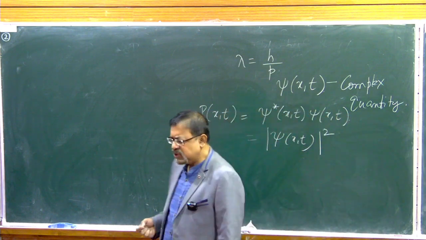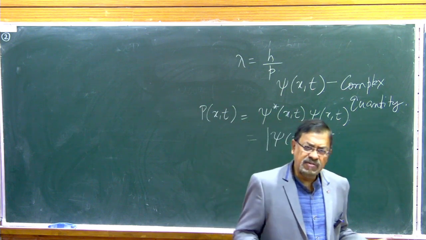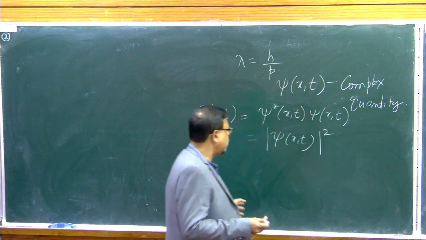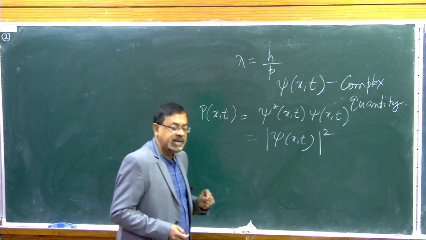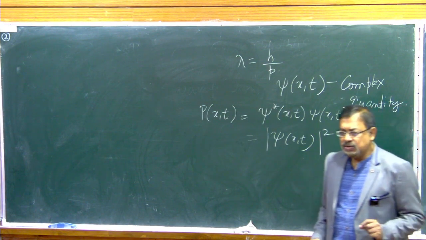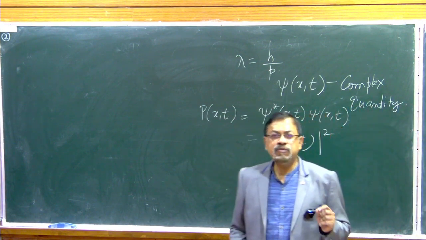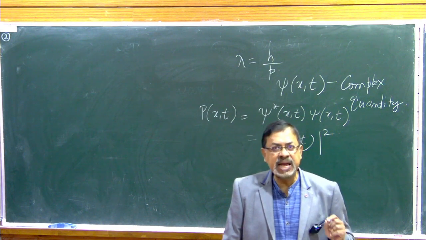That's why we said that it's in general a complex quantity. But you'll also see that we talk about wave functions which are real functions of x and t and so on. But in general it's complex. So this is called the probability density. So what does it mean? The probability density tells you the probability to find a given quantum particle at x and t.